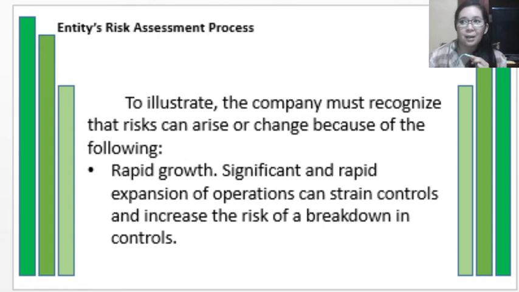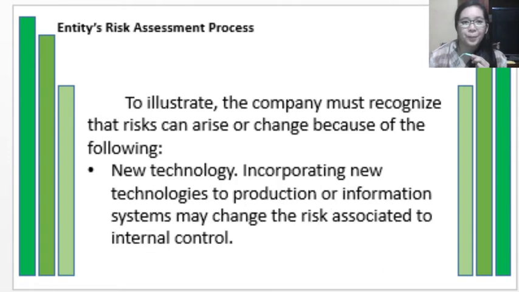So there are still risks that may arise, and the existing internal control for the present operation may not cope with the additional segment or division. So, internal control should be added to help in controlling these expanded activities or operations.